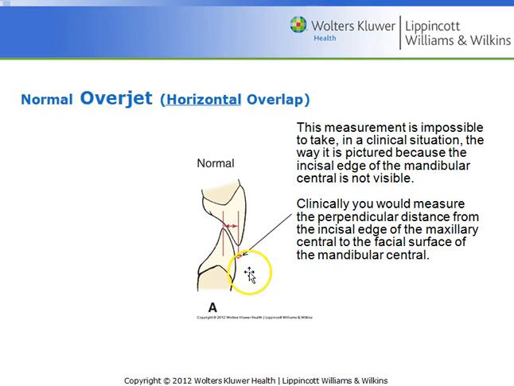Overjet is measured clinically by putting a probe at the incisal edge of the maxillary incisor and measuring to where the probe contacts the facial surface of the mandibular central incisor.